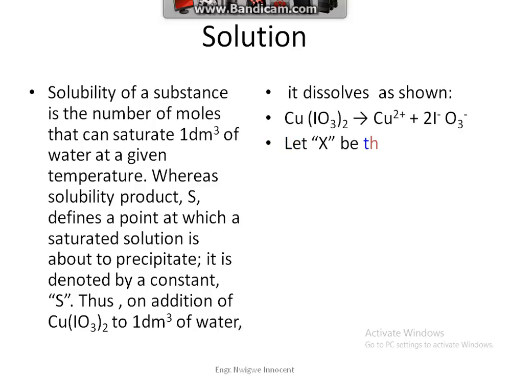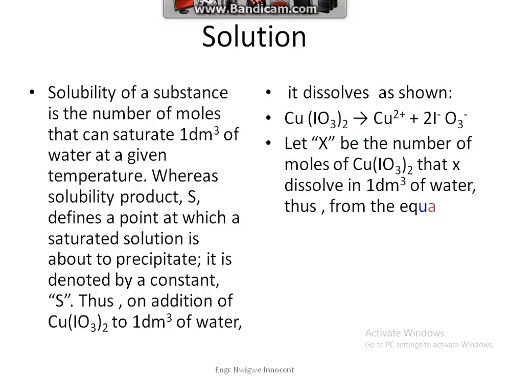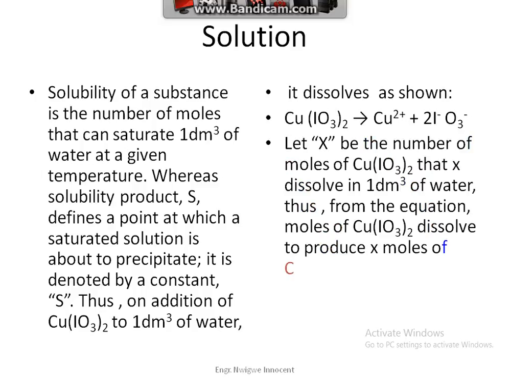Let S be the number of moles of copper iodate that S dissolved in 1 dm cube of water. Thus, from the equation, S moles of Cu(IO3)2 dissolve to produce S mole of Cu2 positive and 2 times S moles of IO3 negative.